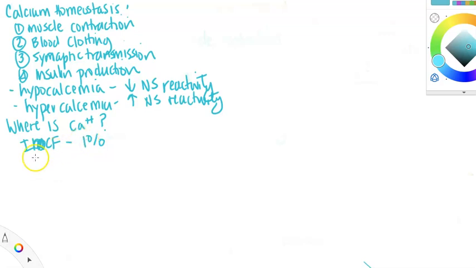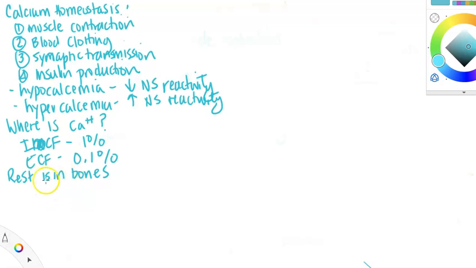In the extracellular fluid, we have about 0.1%. So the rest of our calcium is in the bone. So bones are definitely affected by calcium homeostasis and by the hormones that regulate it.